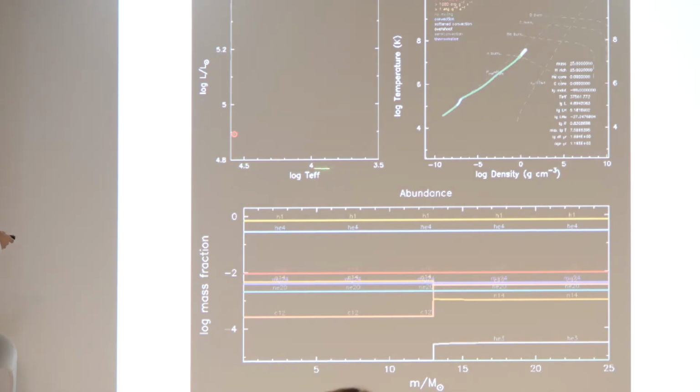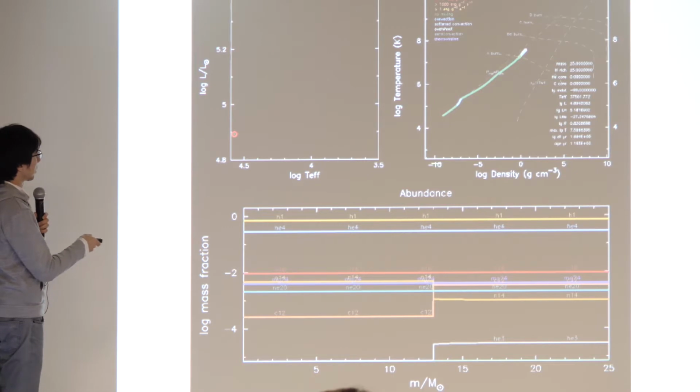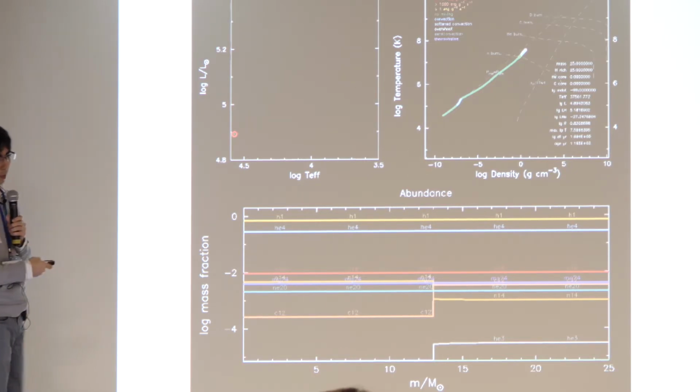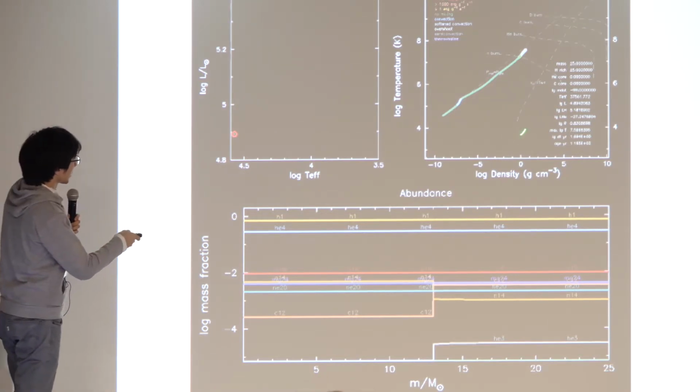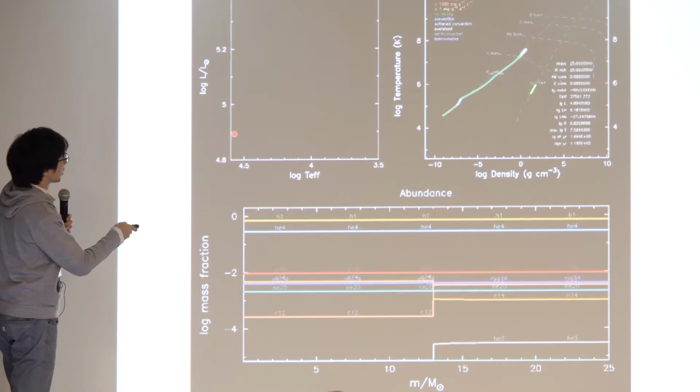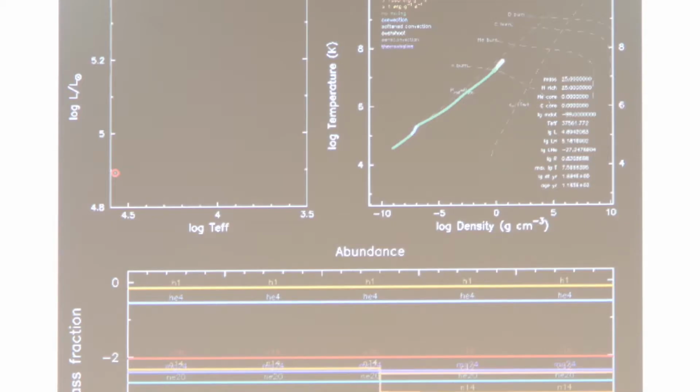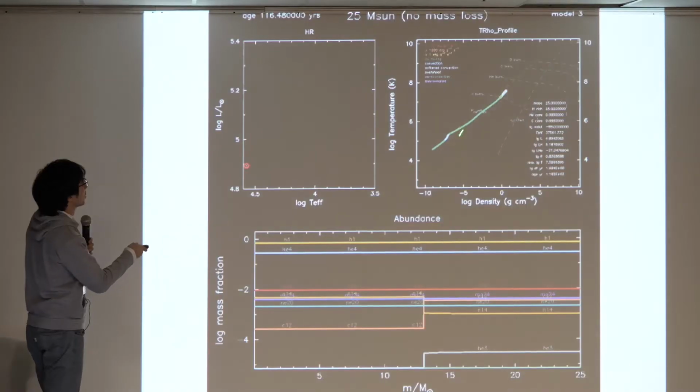This is effective temperature, and this is the luminosity of a star. And this is the central density and central temperature of a star, which we have discussed so far. And this line is where basically the degenerate pressure dominates, and there's another line where the radiation pressure and gas pressure deviation is.